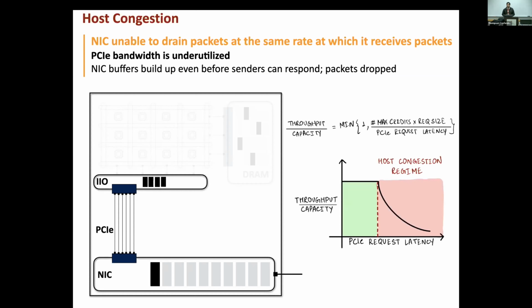What it essentially tells you is that if the latency for any PCI request inflates a little bit, the inherent parallelization provided by the number of credits can help you offset that increase in latency. But then there comes a point when you finally run out of credits, and you enter this host congestion regime. Then your PCI bandwidth starts to get more and more underutilized, and the NIC is unable to drain the packets at the rate at which they're arriving. You start seeing queue buildup and eventually packet drops.